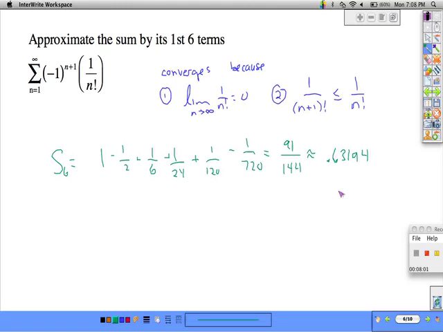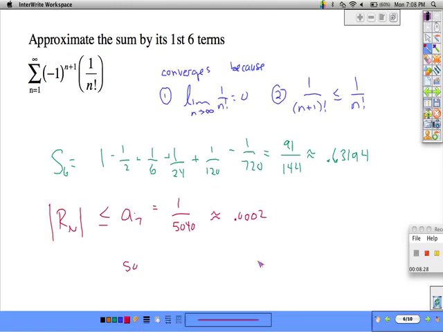Now, knowing that, the absolute value of my remainder will be less than or equal to the 7th term, the next term, 1 over 5040, which is approximately 0.0002.